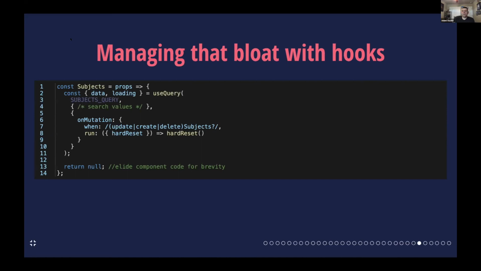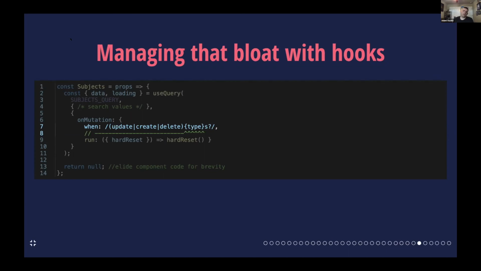And let's say we have some other data, some other component that uses a different kind of data. Maybe there's a subjects component. It's going to be pretty similar, right? So similar, in fact, that the only thing that's different other than the name of the query variable, these are basically identical except for the type name that we're injecting into the regular expression.